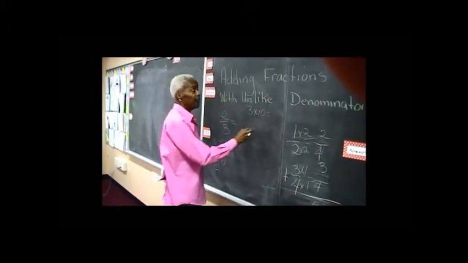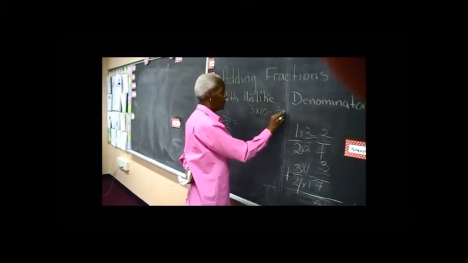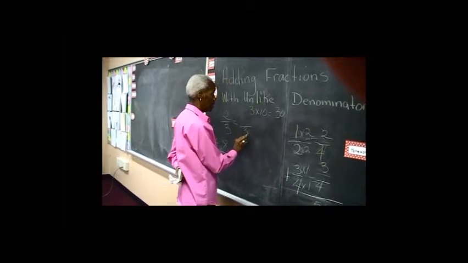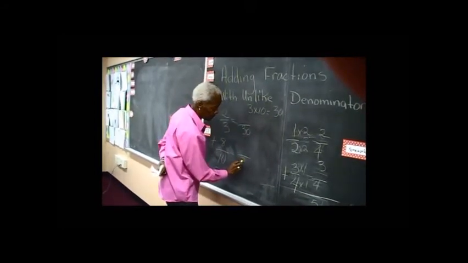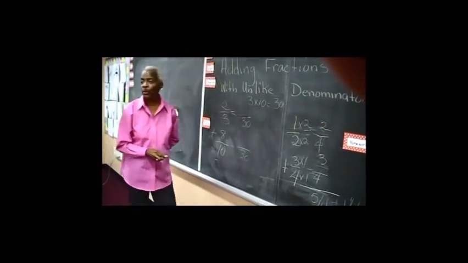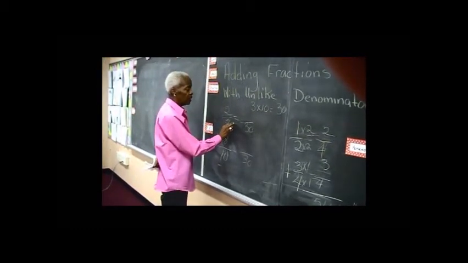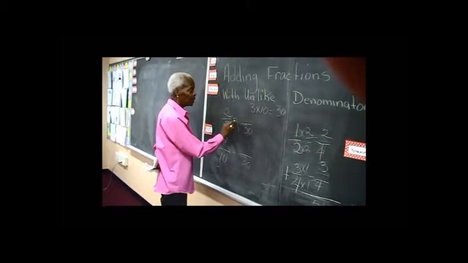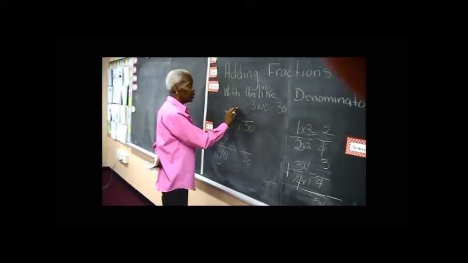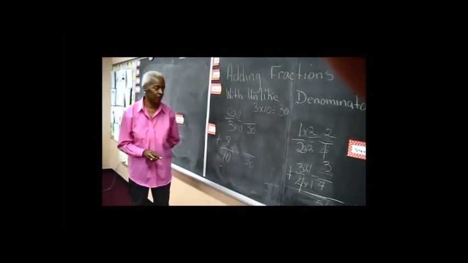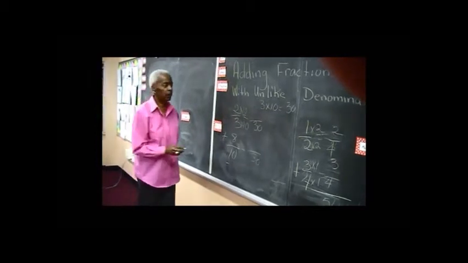So your least common denominator is 30, correct? 3 times what equals 30? 10, very good. So what we do to the bottom, we must do to the top. 2 times 10 equals what? 20. Very good.